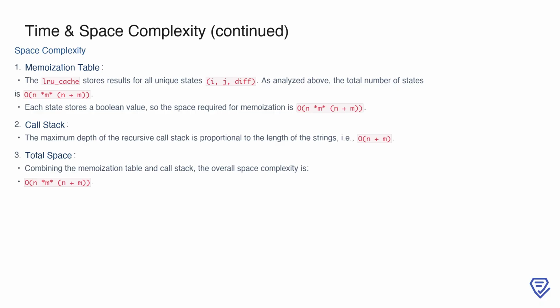Additionally, the call stack depth is determined by the maximum recursive depth, which is proportional to the combined lengths of the two strings, or O(n + m). When we combine the memoization table and the call stack, the overall space complexity of the algorithm is O(n * m * (n + m)). This is an efficient use of space, considering the complexity of the problem.